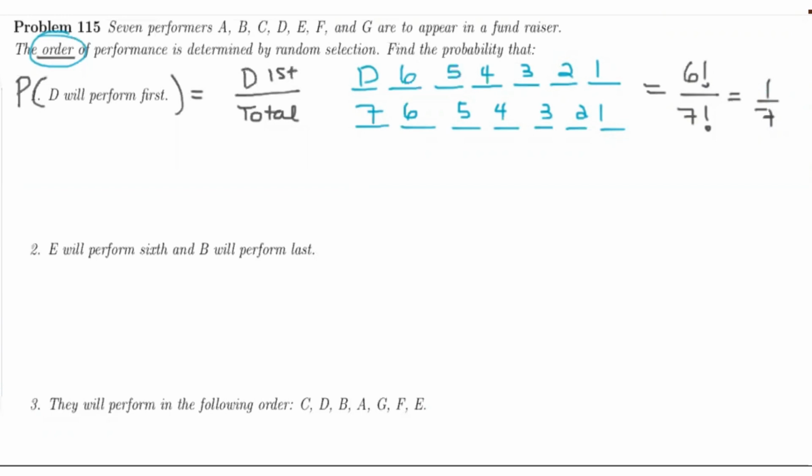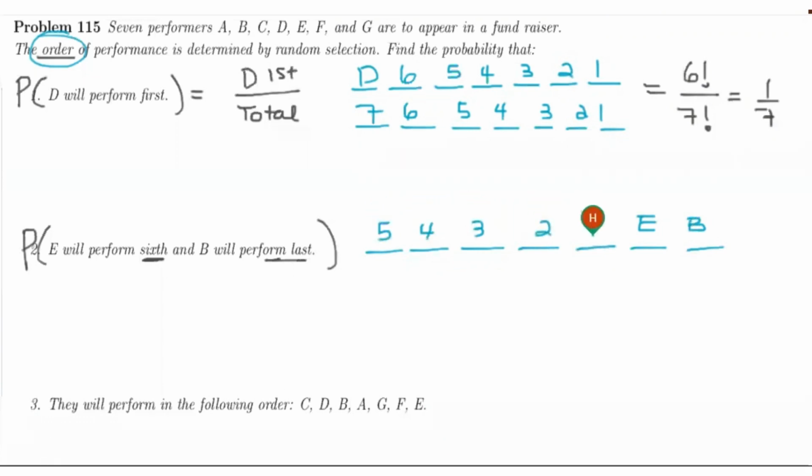Question? No question. Okay. Let's look at number 2, probability E6 and B last. Okay. So let's see. E6, B last. 1, 2, 3, 4, 5, 6, 7. E is here. B is here. No restriction on others.